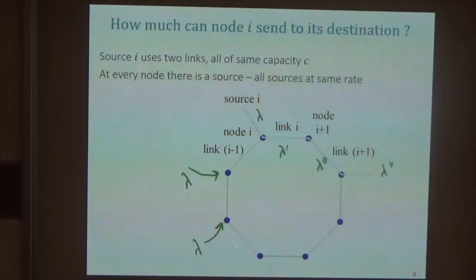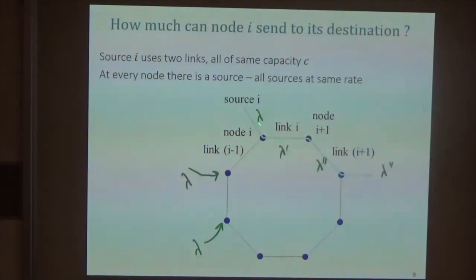Here I'm showing, for example, think of it as a metropolitan area, and this is the backbone of this area. And there are sources that send traffic to destinations that are not far away. To make the system easily tractable and possible to analyze with a closed form formula, I'm assuming a very symmetric thing: at every node there is one flow of information, one source that sends to a sink that is 2 hops away in this rotation sense on the ring.